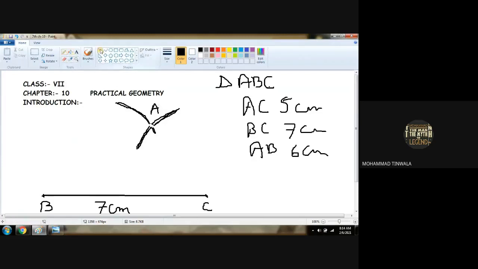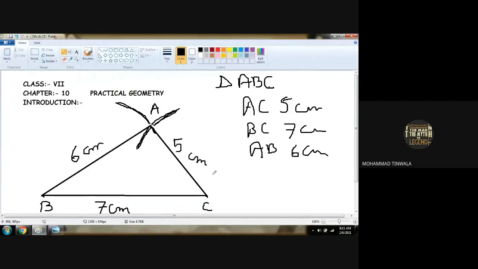Now let us join AB and AC. Understood? Now, AB stands for 6 centimeter and AC stands for 5 centimeter. Our triangle was ready. This also we studied, right?